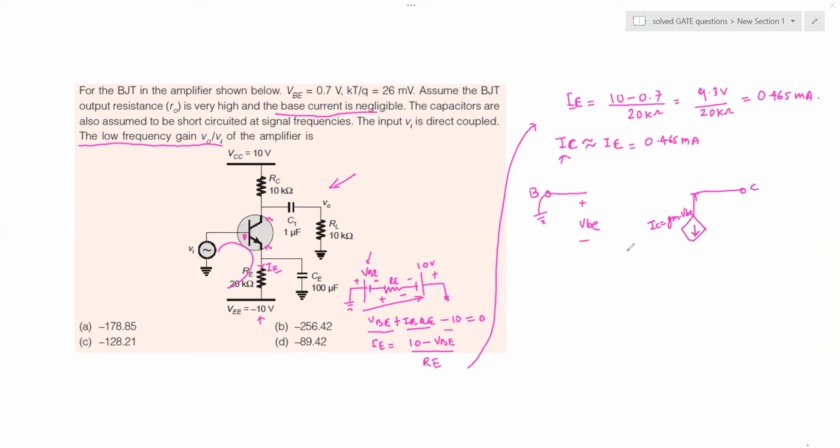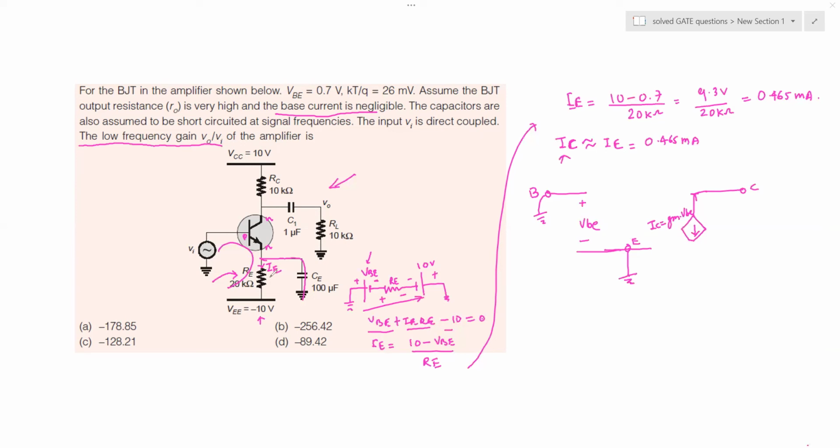Where is your emitter now? Here is your emitter. The emitter is connected to the ground, because now you have shorted this capacitor right over here. For the DC analysis, you have taken into account the RE.